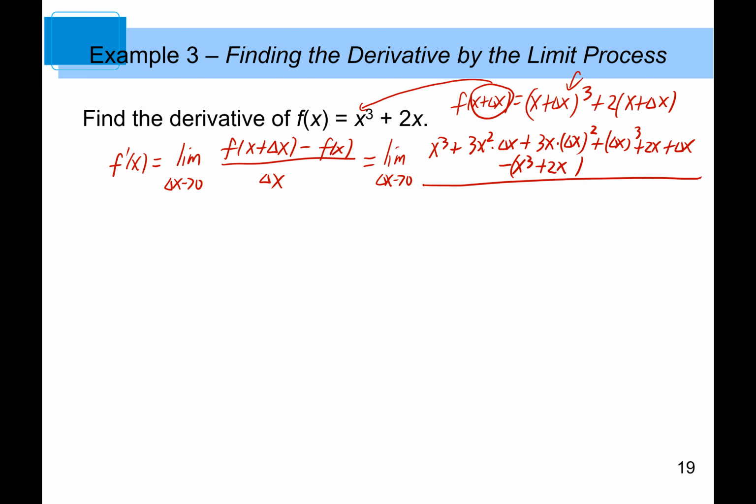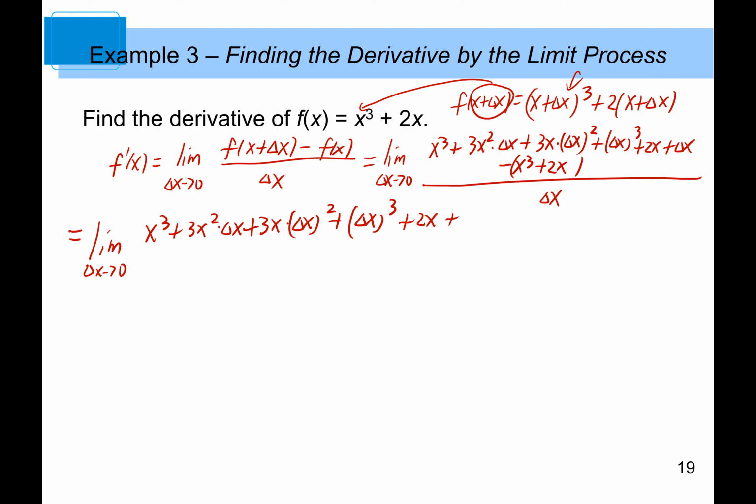So that's your complete numerator, and the denominator is just delta x.